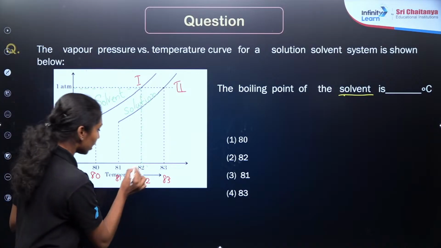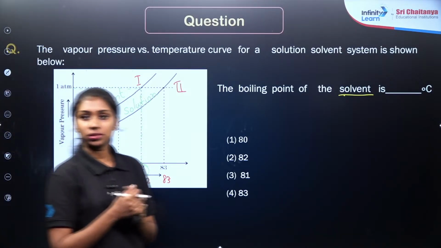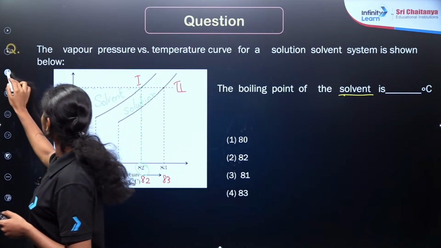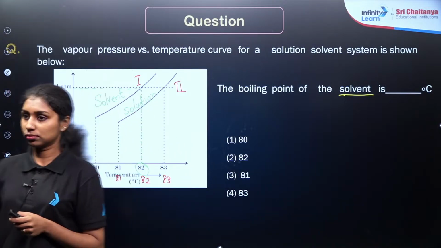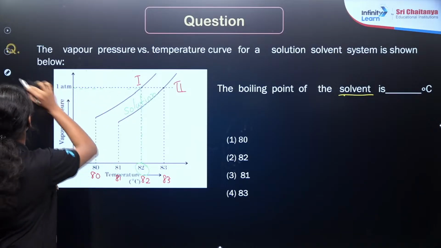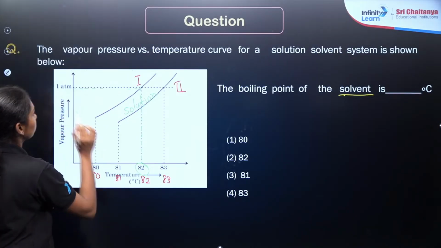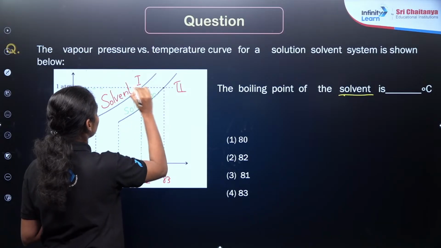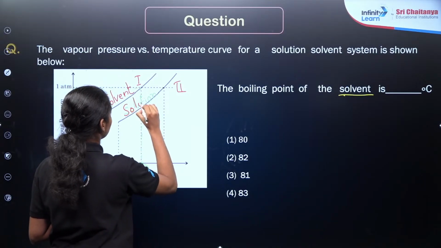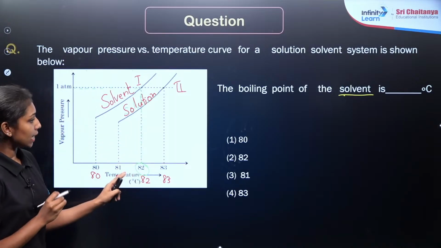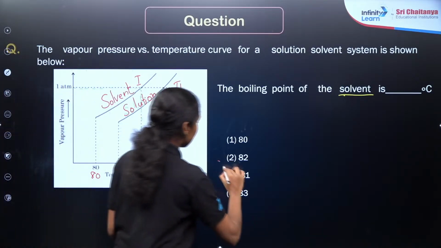What is the temperature given here? 82, right? 82, which means option 2 will be the correct answer here.